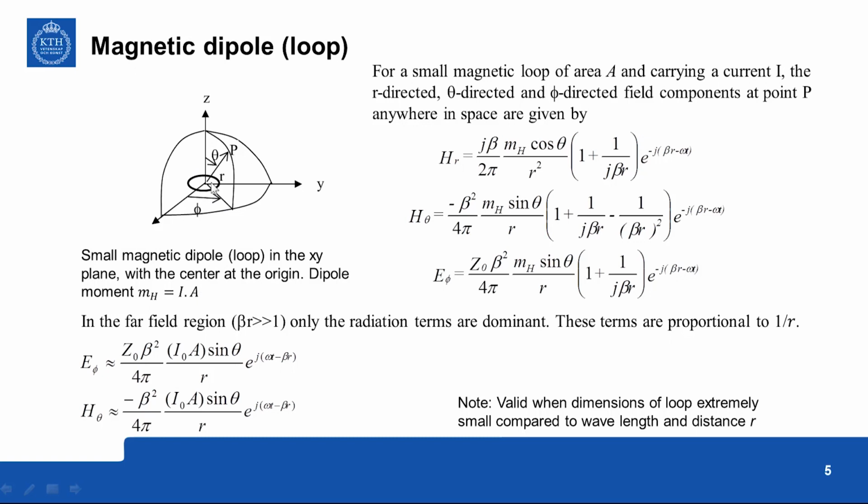The shape of the loop is not very important, even though for convenience it is shown as round. It can be any shape as long as this loop is very small compared to the wavelength and the distance where we are interested in finding the field. So the shape doesn't matter really. So this is the dipole moment.